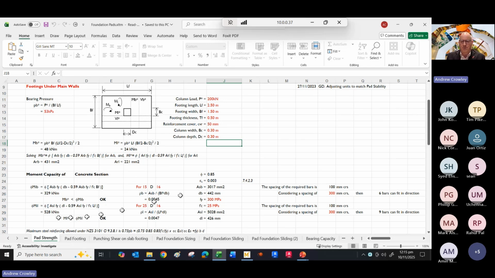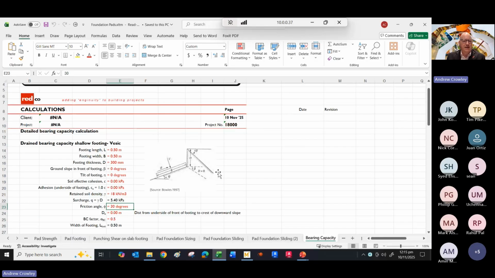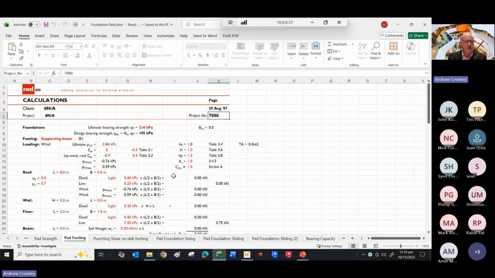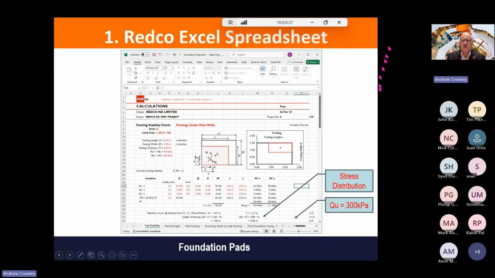There's probably another page that most engineers probably don't look at, and that is this one, to determine the actual geotechnical parameters that you're using to determine the bearing capacity. Another useful feature of this is it determines the strength of the pad as if it were a concrete slab. So it determines what the rebar is. Now, we won't be doing that for today. We'll be looking at primarily the geotechnical design.